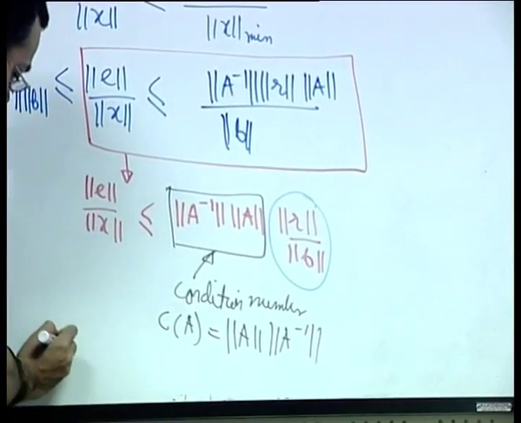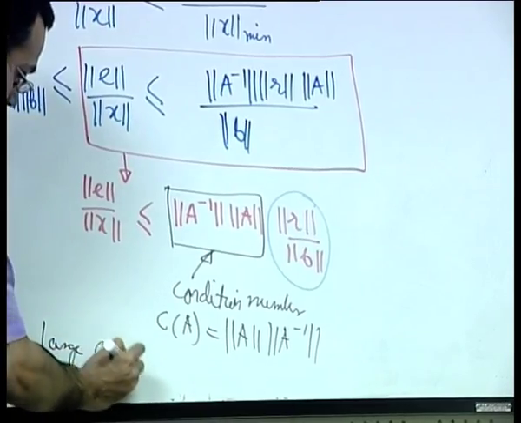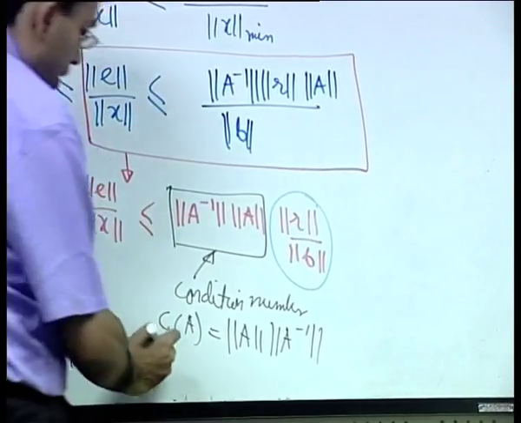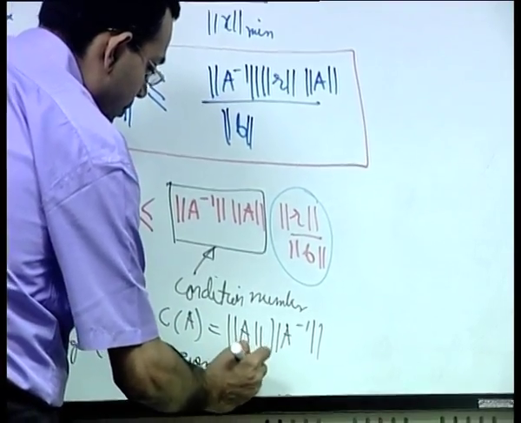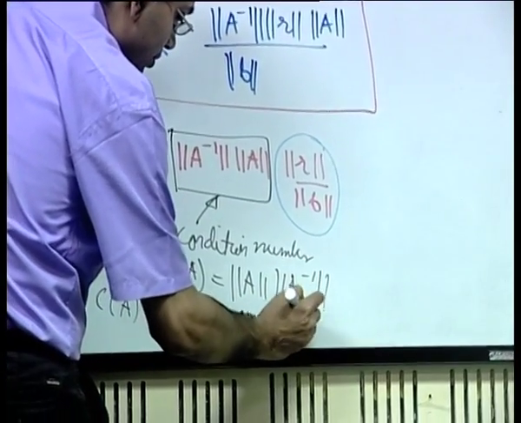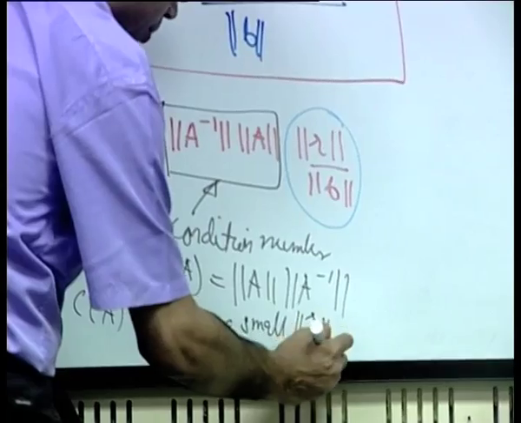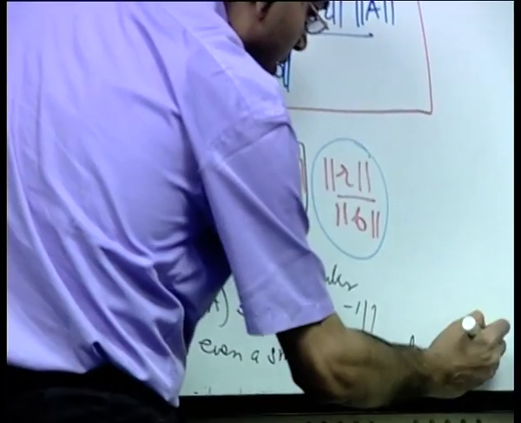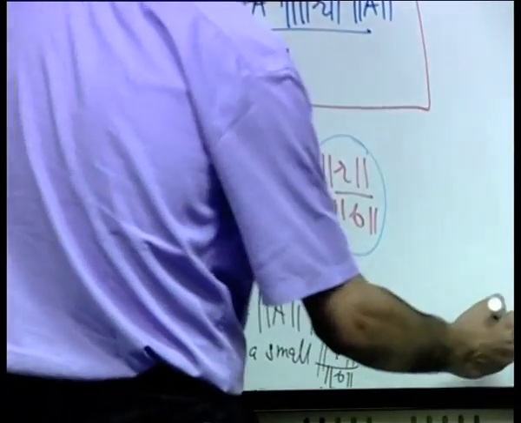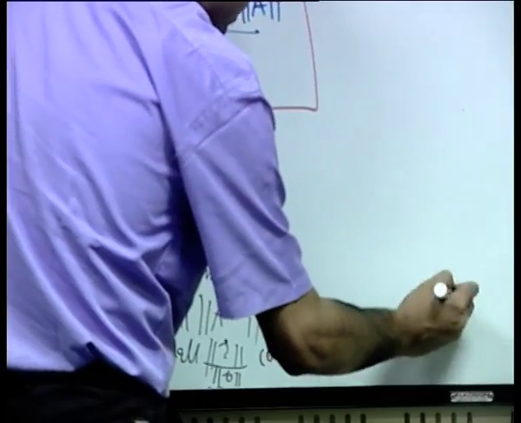A large condition number means even a small norm of r by norm of b can lead to a large norm of E by norm of x.